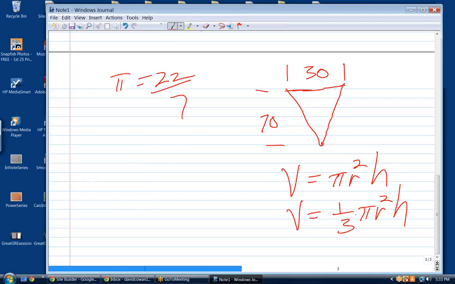So let's plug in everything we know here. We're using this second one because it's the volume of a cone. Let's plug in pi at the very end, so for the moment, let's leave it as pi. What's the radius?